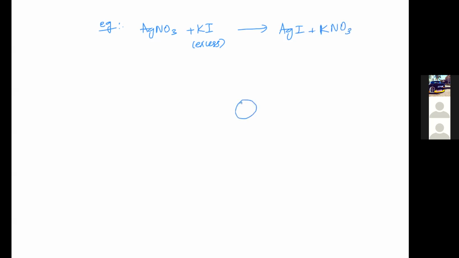And if I have silver iodide, which is the colloid, I have iodide ions around it and I have K plus.